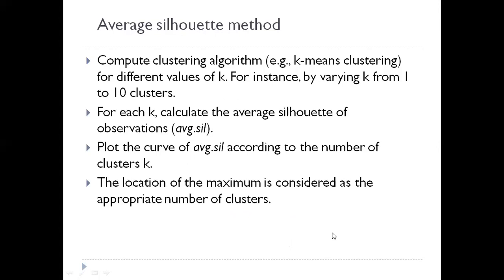Our next method is the average slope method. It is a similar kind of method where k values vary from 1 to 10, but here you use the average slope values on the y-axis instead of the total within sum of squares as in the previous one. Here the location of the maximum point is considered the right number of clusters.